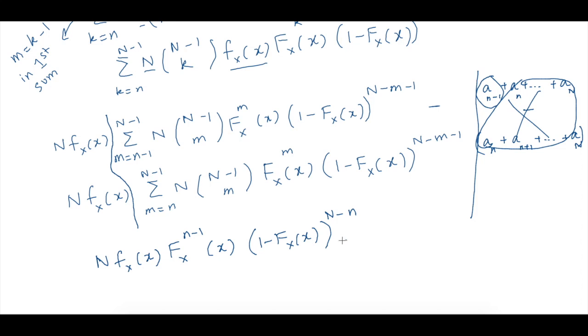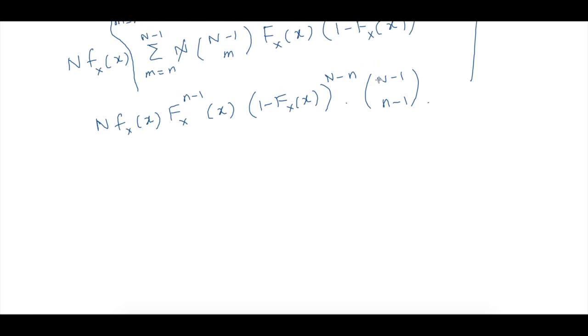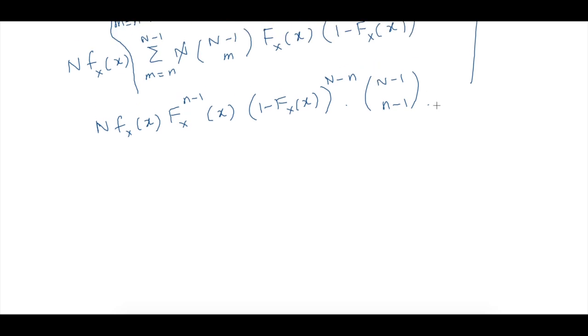And of course I have this thing, sorry, and so this is exactly what this is. Okay, so what we have proved is, for n random variables, what happens when we are trying to find the CDF of the nth of them in order, in ascending order.